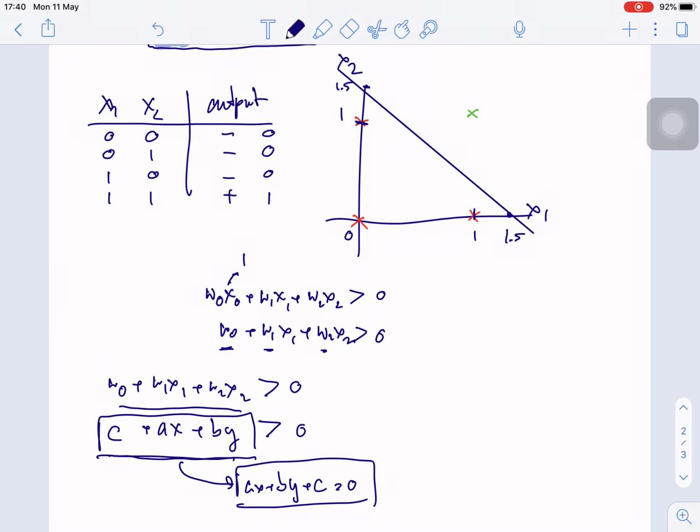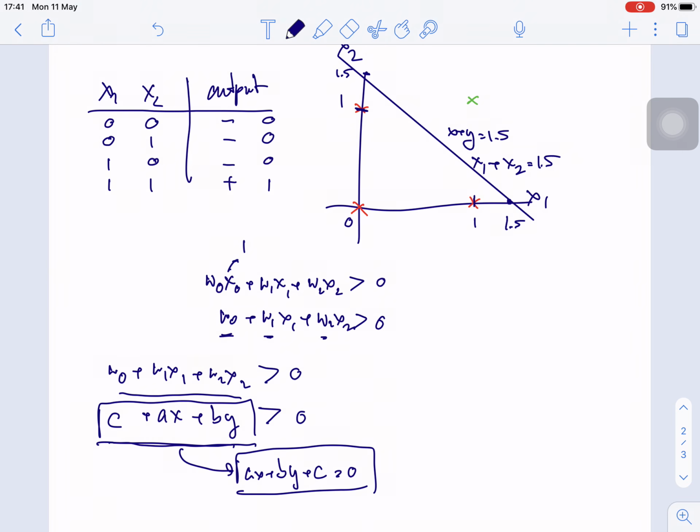From your expertise on the linear equation, linear system, what is the equation of this line? Actually, you can think that this one is x plus y is 1.5. Or in the space of x1 and x2, it should be x1 plus x2 is 1.5, right? Right. So if you want to change the format, the patterns into this format or this format, how can you do it?